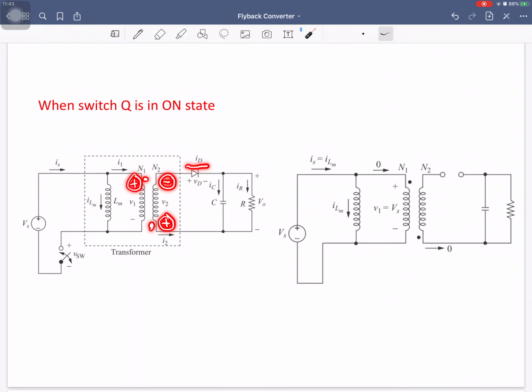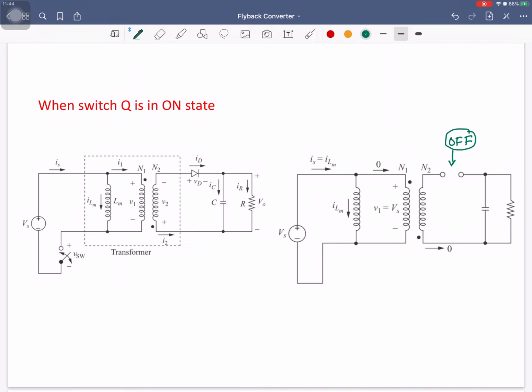So it means your diode will be in the off state. It will not be conducting. Okay, so your diode, as you can see over here, is off. It is being represented by the open circuit.